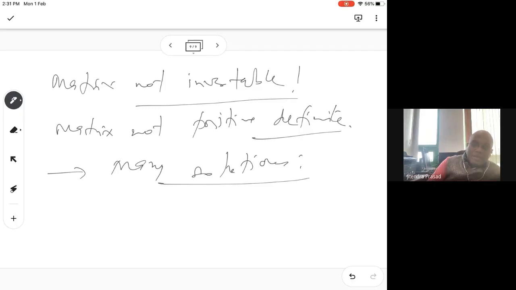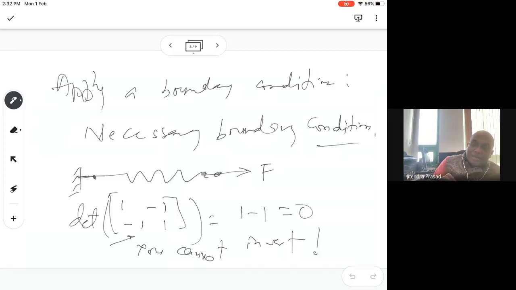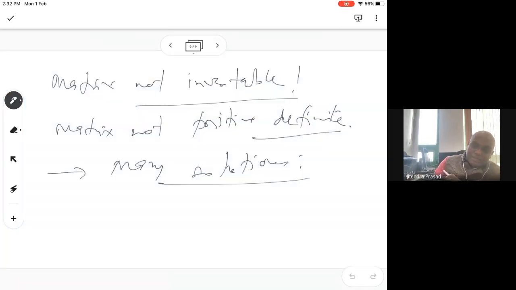What you see here is a square matrix whose determinant is 0. So all these things point to the matrix having to be symmetric.